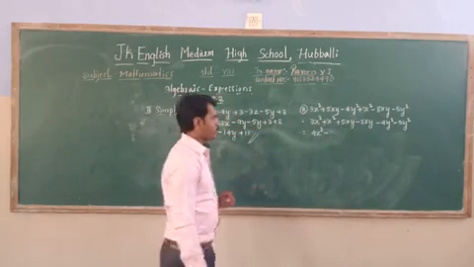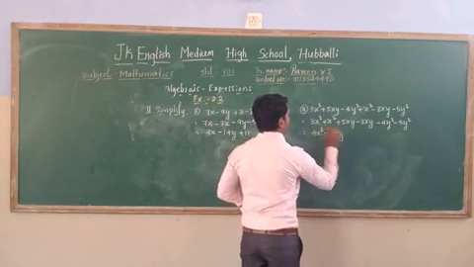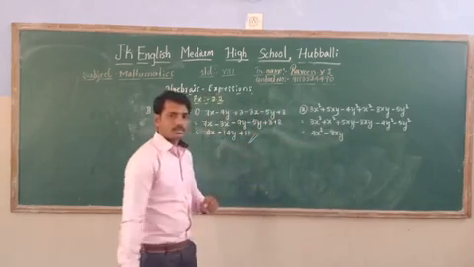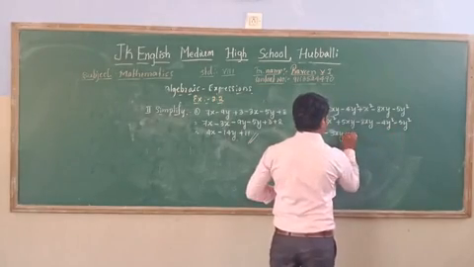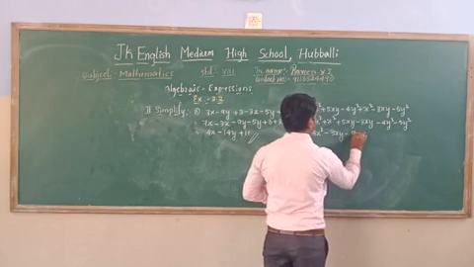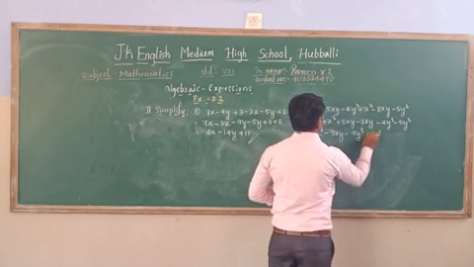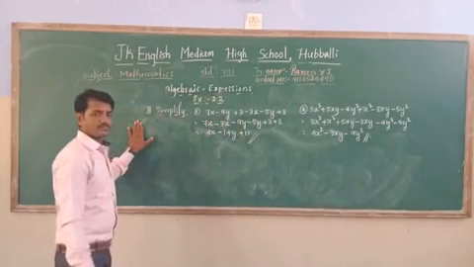What is the process? 8 minus 5 is 3xy. Is it correct? Okay. Next one, minus into minus, we have to put the bigger sign, minus: 5 plus 4 is 9y squared. So this is your final answer.